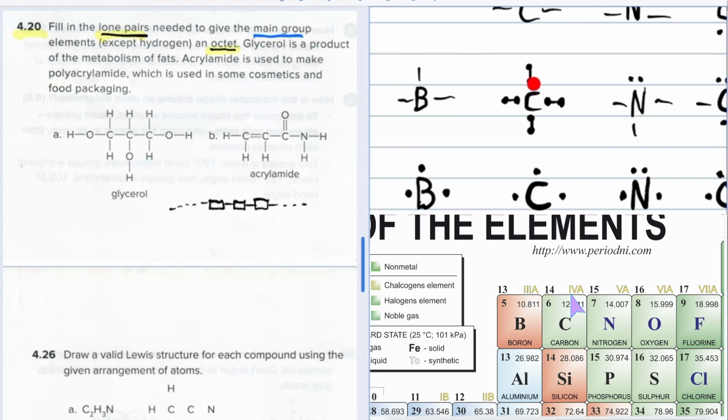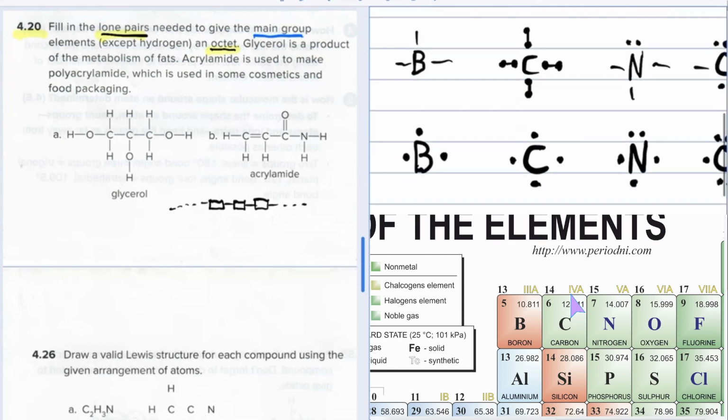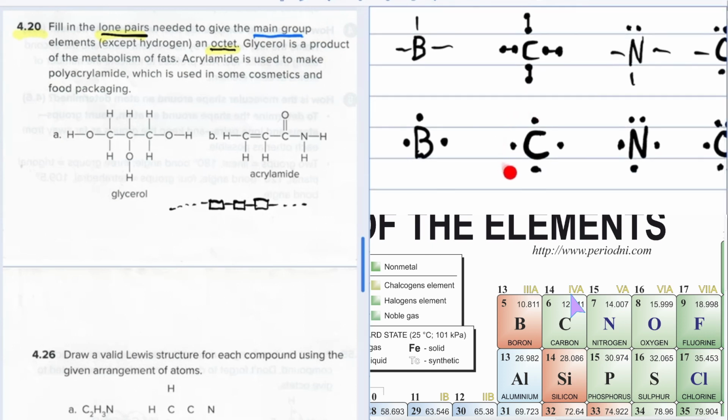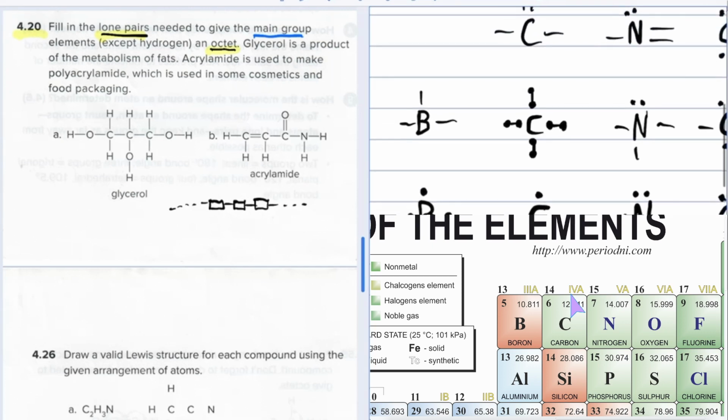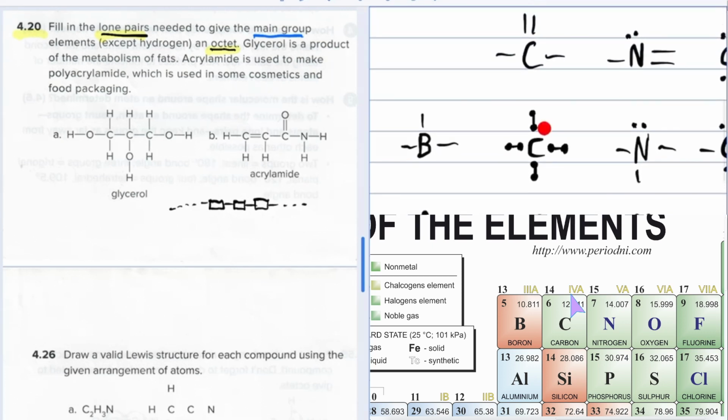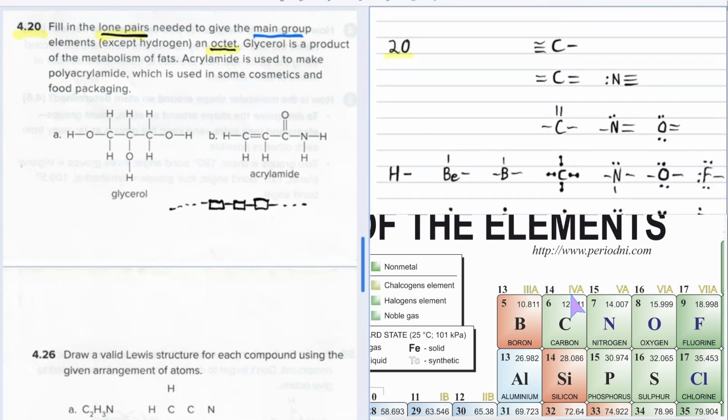It's a pair of electrons that are shared between carbon and the other atoms. So by doing this, carbon gets an octet. By itself, before it forms these bonds, it only has 4 electrons around it. But after it forms bonds with other atoms, it now has an octet. So 2, 4, 6, 8 electrons around it. So carbon's got an octet. And there are multiple ways that carbon can do this.